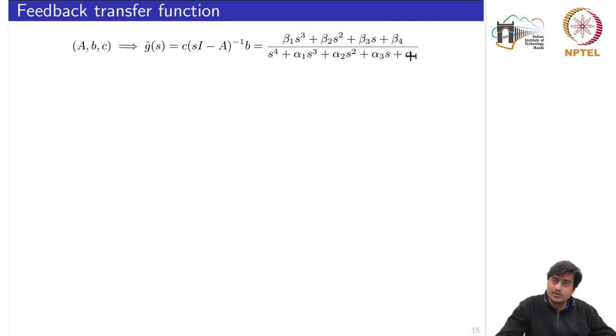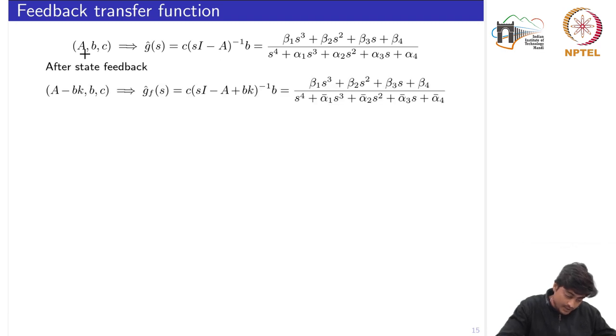This transfer function is already specified in one of the earlier results, where alpha i's are the coefficients of the characteristic polynomial of this plant. After the state feedback, the A matrix changes, but B and C remain as they are. So this is the transfer function of the closed loop system.